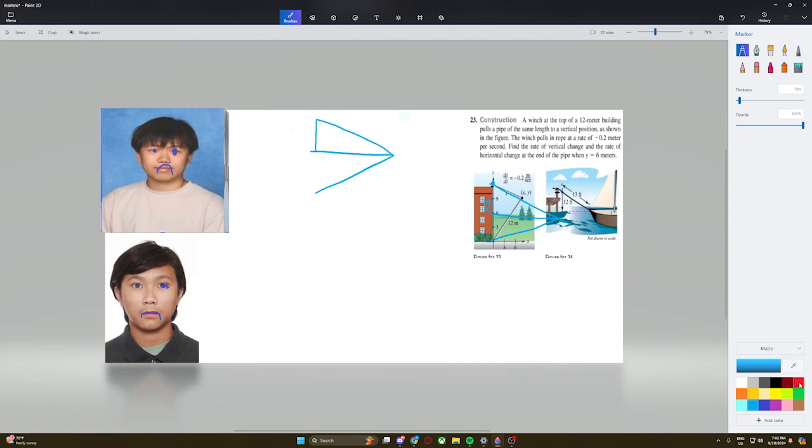So this triangle, okay, so right, this is the winch, this is the pipe, and given this, we are also given that the height is 6 for the rod, and since this building is 12 foot, it should be 12 minus... Well, actually, no. This is y, which is 6, y equals 6.